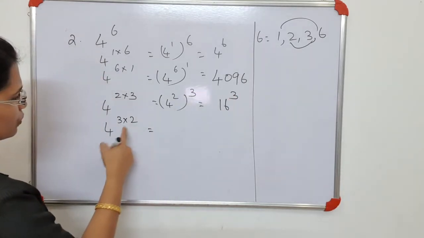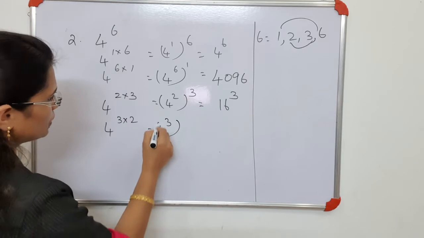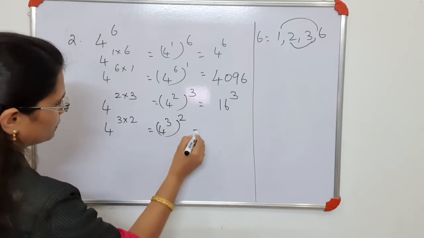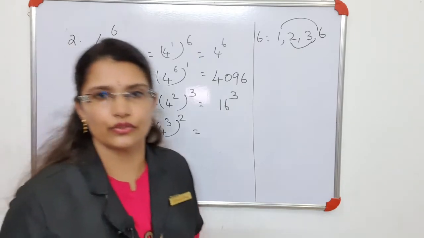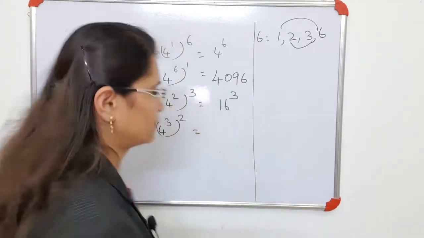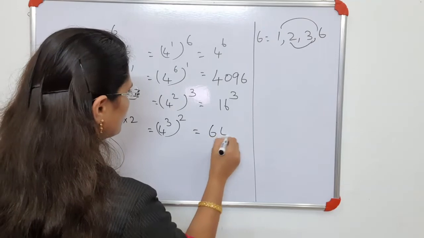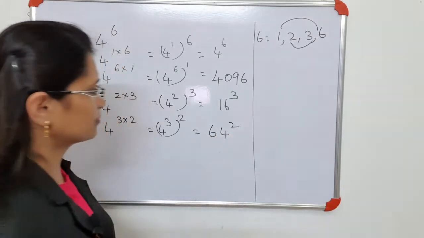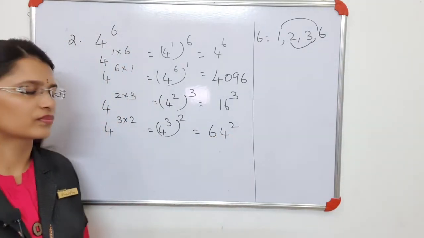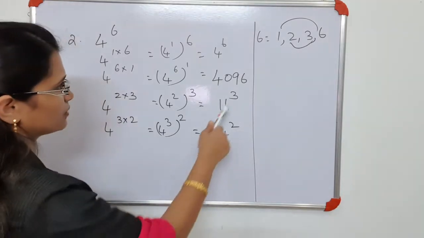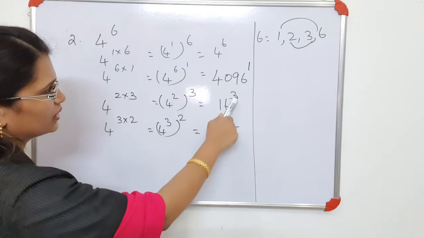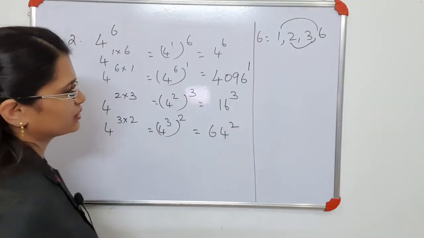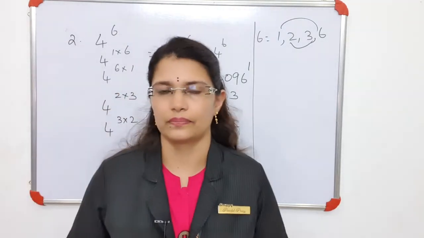And then here 4 cube, how many times? 2 times. 4 cube means 4 into 4 into 4, 16 into 4 is equal to 64, 64 whole square. Okay. So the answer is 4096 whole raised to 1, 16 cube and 64 square.